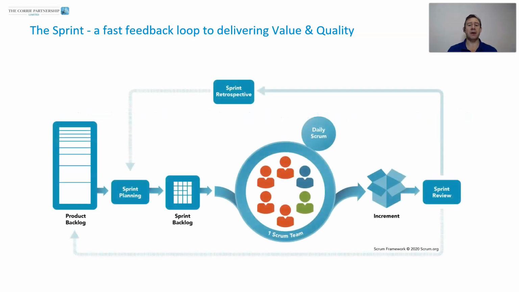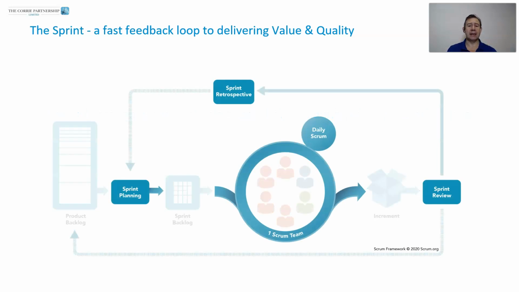In Scrum, we refer to this as a sprint, and the sprint event is normally around 2 weeks long, depending on how we're working. The Scrum Guide refers to it as something which should be no longer than a month. It could be as short as a week, but as I'm going to show you, it's about a mindset that we want to have.